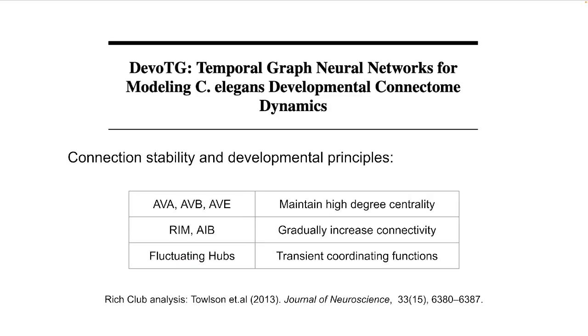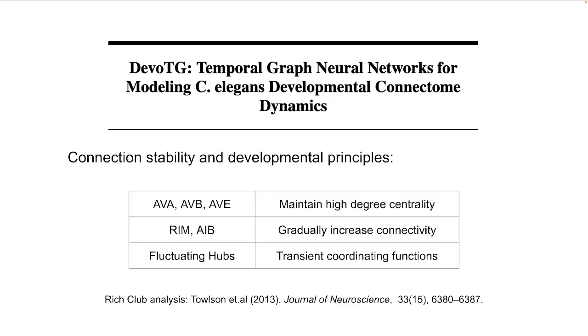We also can look at some of the properties of the network connectivity itself. There's this paper from Towlson et al. in 2013, where they proposed this rich club analysis of the C. elegans connectome. Basically it operates from the idea that there are these hubs in the network called a rich club.